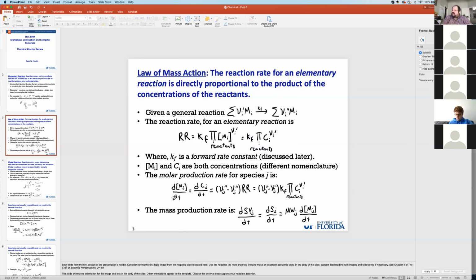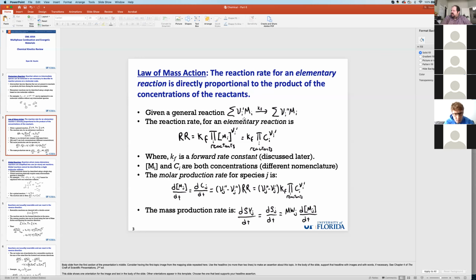So you can say the time rate change of the concentration of species J is just equal to the difference in the stoichiometric coefficients for species J times the forward rate constant times the product of all the concentrations raised to the nu I prime power on the reactant side of the chemical reaction.